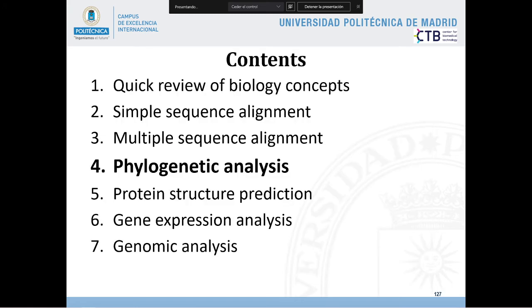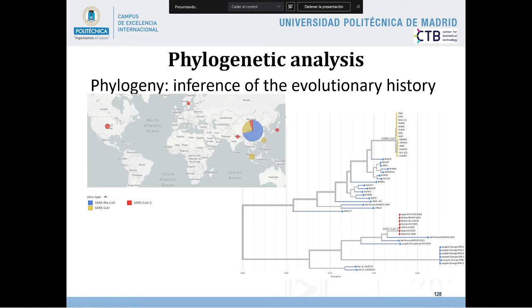So phylogenetic analysis, now that you have seen it, tries to infer the evolutionary relationships between species. They try to build the topology that orders the splits of the ancestral species that created the species we have today, and the genetic distances that are related to the time that has passed since those splits.